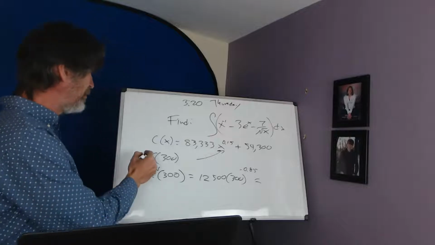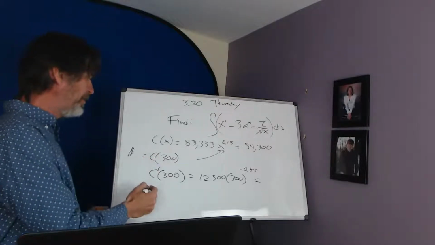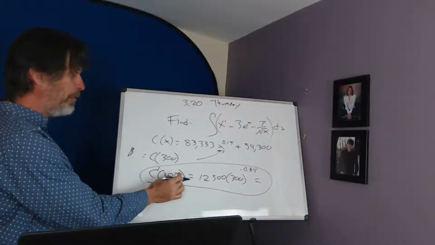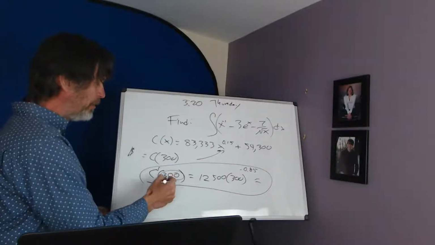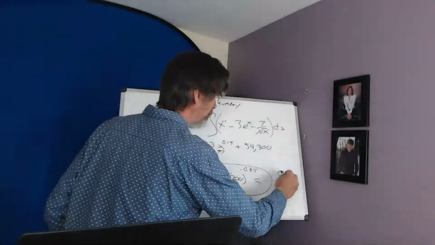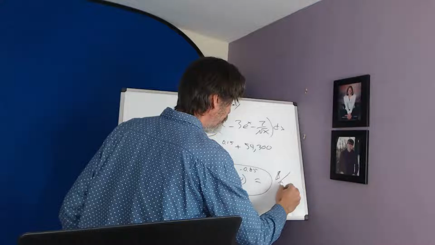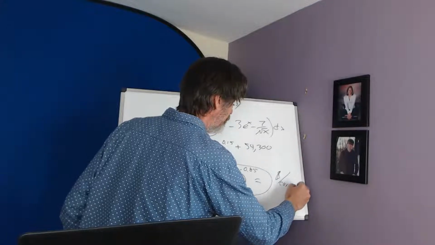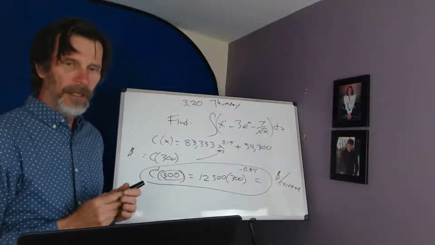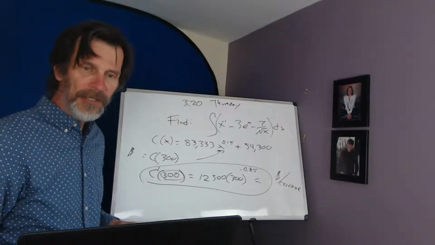Units on this one, this is the cost. That better be in dollars. The derivative of the cost function should be the change in output over the change in input. This is 300 units of carriages that were manufactured. So this one should have units of dollars per carriage. Quick review on marginal analysis right there.